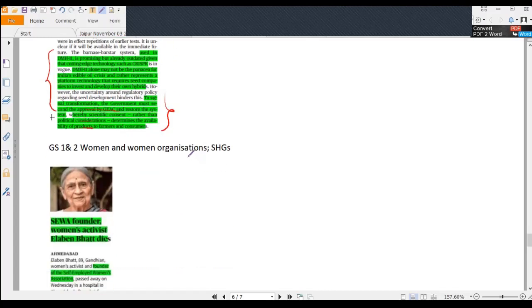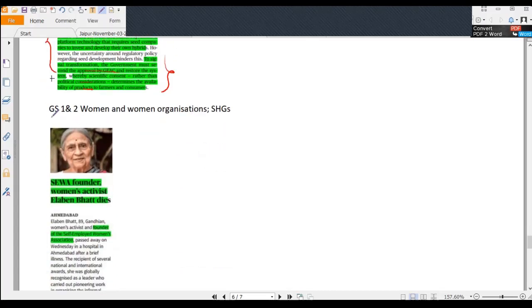Now moving forward, this news item is related to GS1 and 2, women and women organizations and self-help groups. SEWA founder, woman activist Ila Ben Bhatt died. SEWA, that is Self-Employment Women Association, is one of the largest self-help groups, which has provided jobs and self-sustainability to millions of women across India.